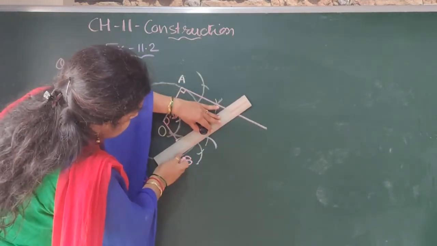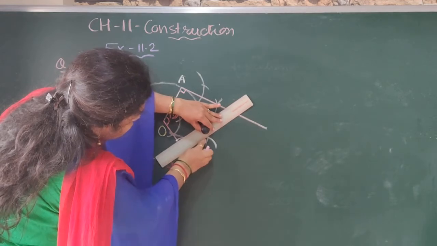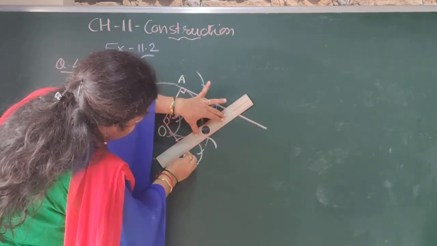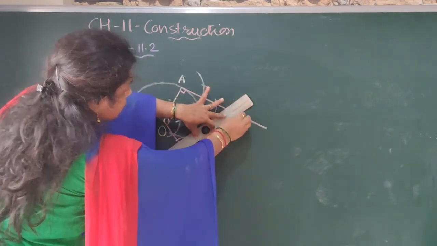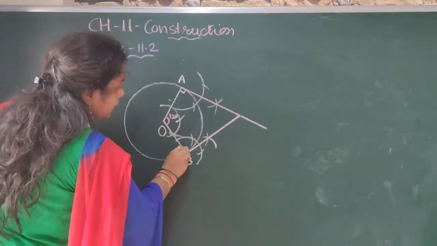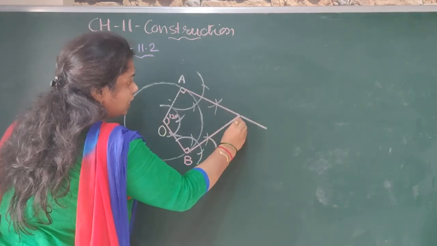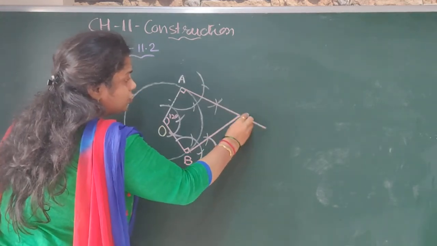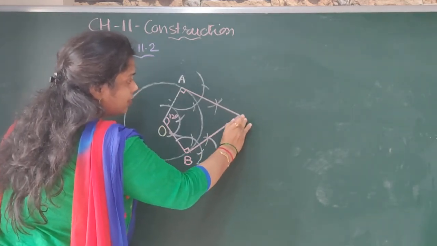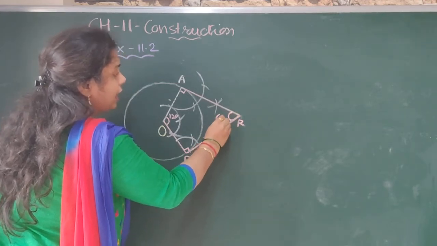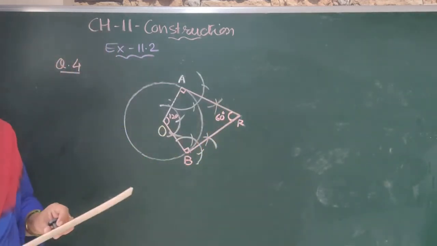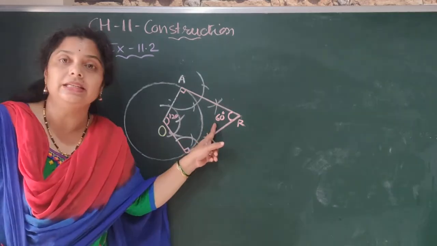Now pass the line through this point from B. So it will create a 90 degree angle here, and if you give point R here, now the inclined angle between the tangents is 60 degrees.